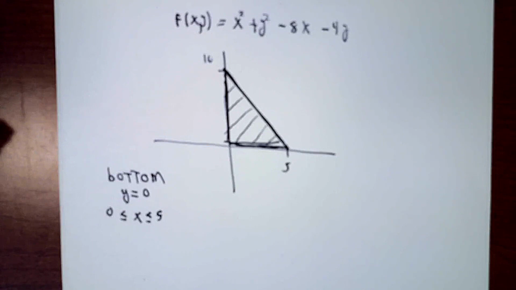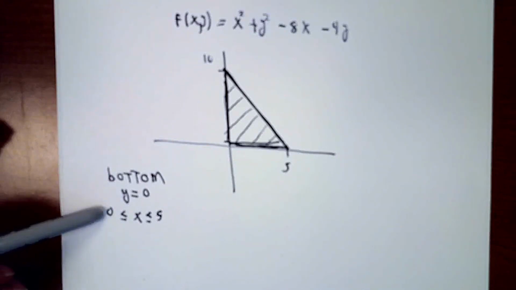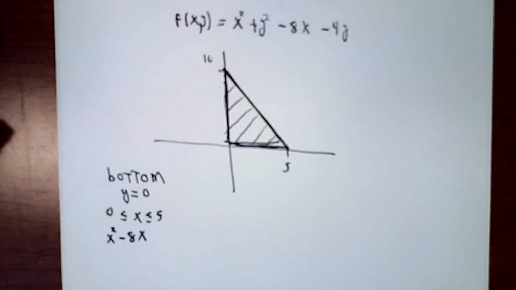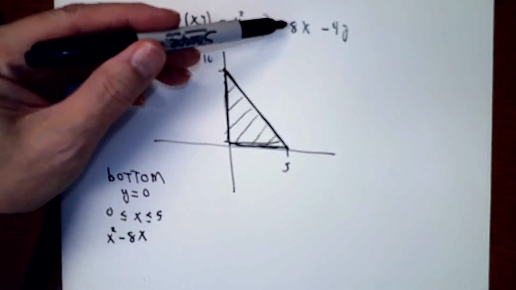First, let's look at the bottom. Y will be 0 and x will be between 0 and 5, including the 0 and the 5. If y is 0, then my function value is x squared minus 8x.